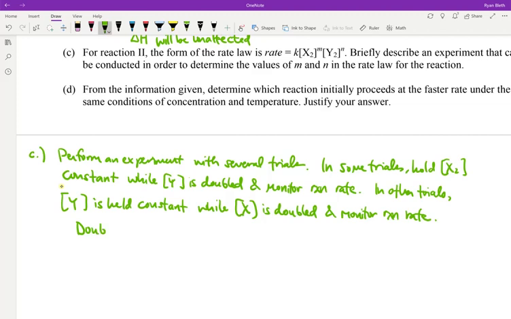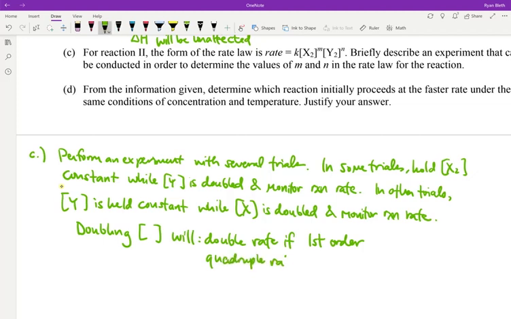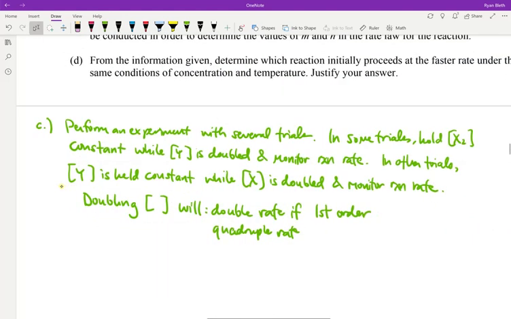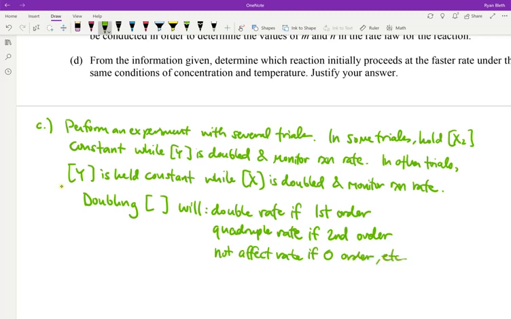Doubling a concentration will double the rate if first order, it will quadruple the rate if second order, and not affect the rate if zero order, etc., etc. That kind of idea.